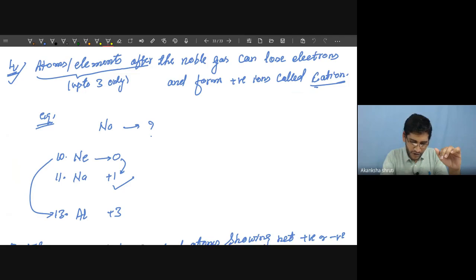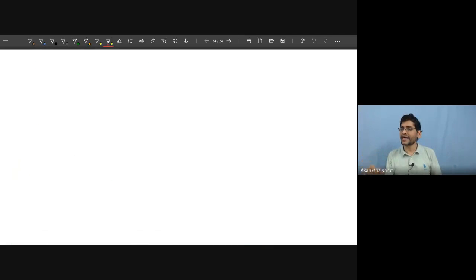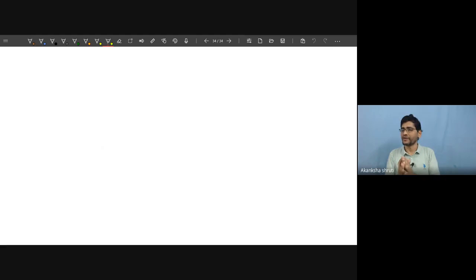We have also learned that there are certain other groups of atoms which exist in ion form, and they completely form the molecule, meaning they will always act as a single entity. So write those things.